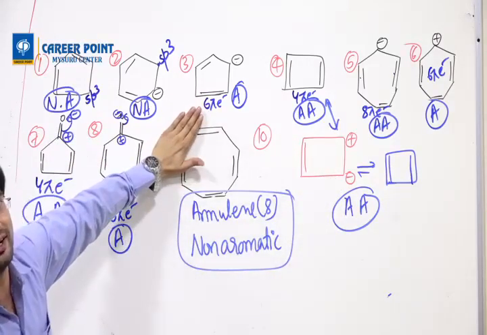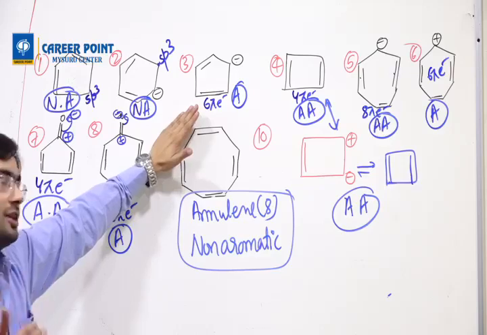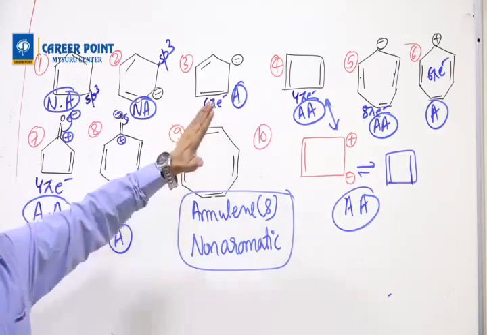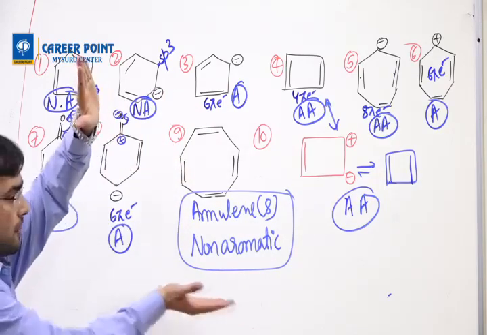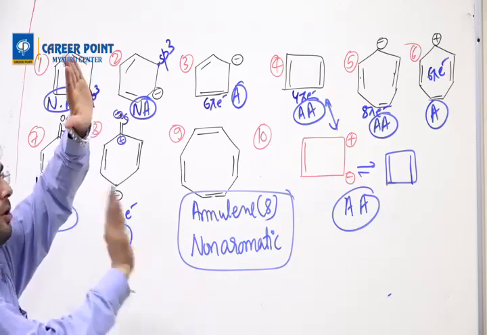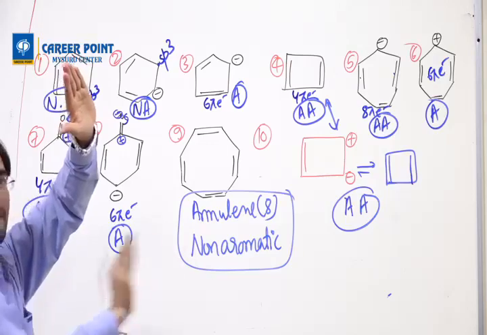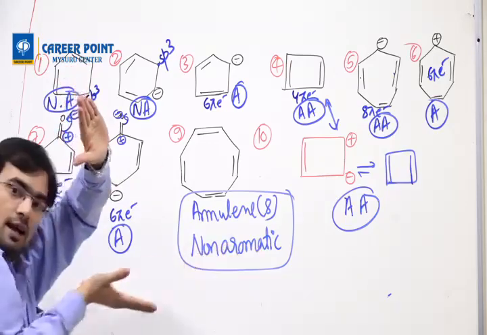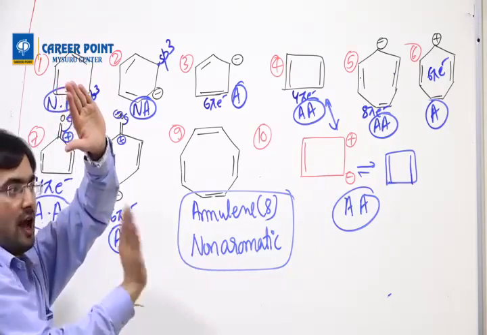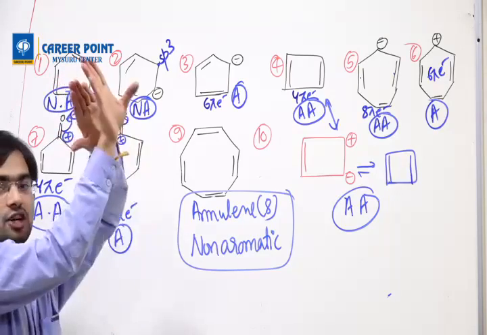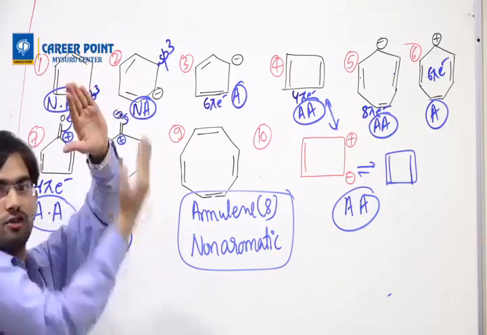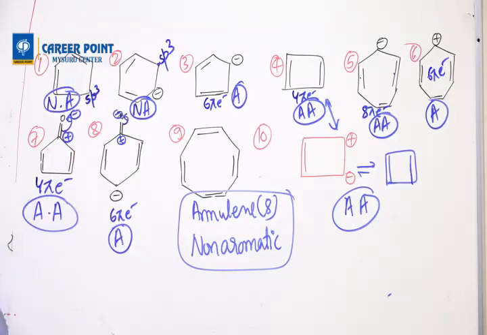Actually it should be in the plane, but to decrease steric hindrance, this double bond will come up here. Then one double bond is here, but now the double bond is here. So the double bonds are not in plane. This and this double bond will do resonance. This double bond cannot do resonance because they are not in the same plane. And that's why it is called an exception.